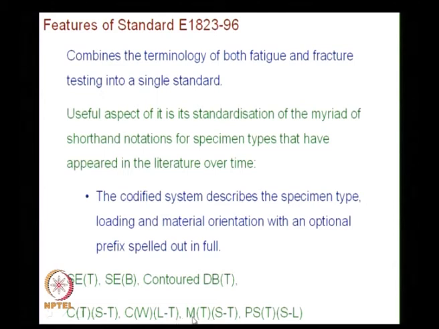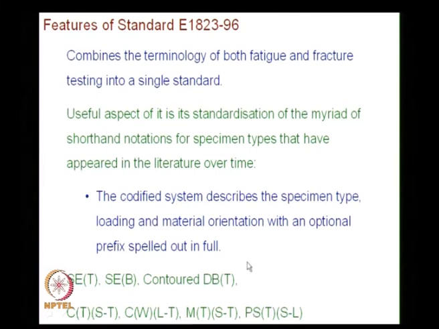This is a middle crack, that means CCT specimen, they have said this as M(T), middle cracked specimen subjected to tension, and this is part through surface crack PS(T) S-L. T denotes tensile loading, B denotes bending load, W denotes wedge loading, and M denotes the middle crack, that is the center crack specimen, PS denotes the part through surface crack.